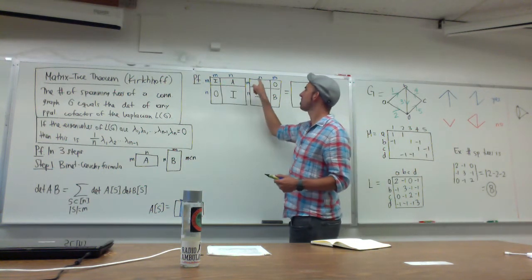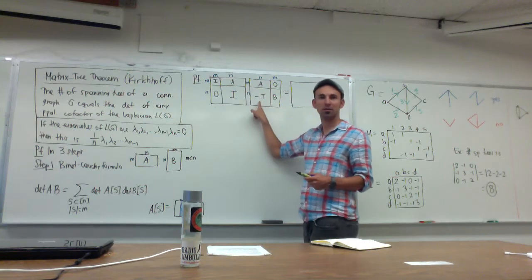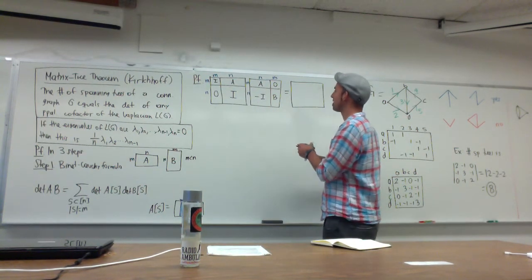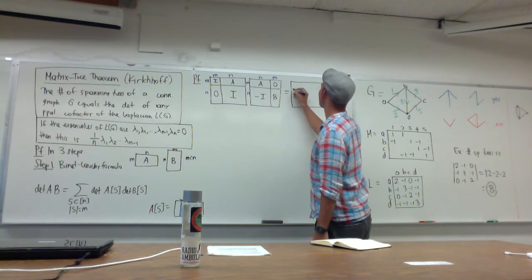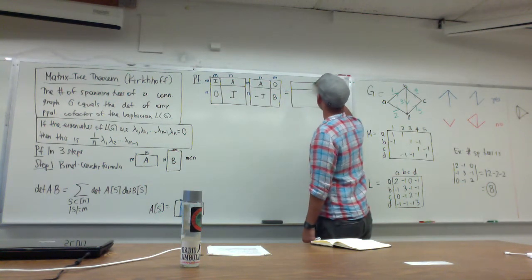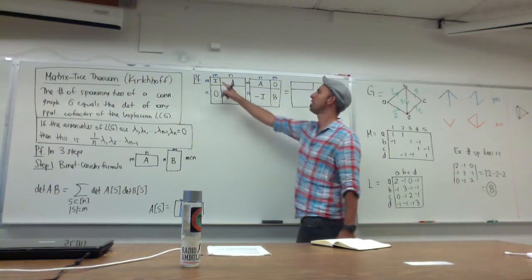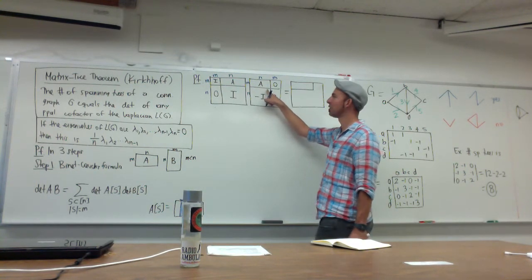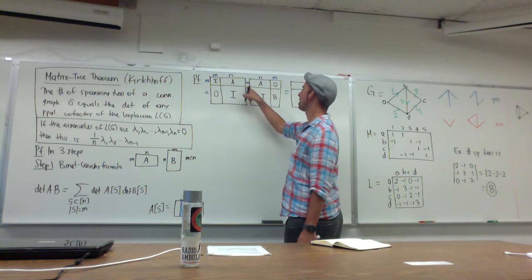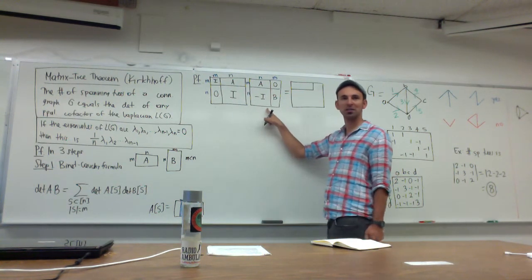You would say I times A minus A times I. That would be this entry. And what shape would it have? I think it would have this shape. You take an m by m and an m by n, that's m by n. And if you take an m by n and an m by n, that's also m by n.